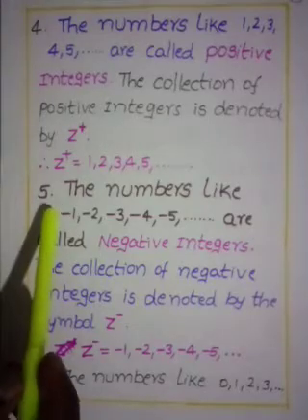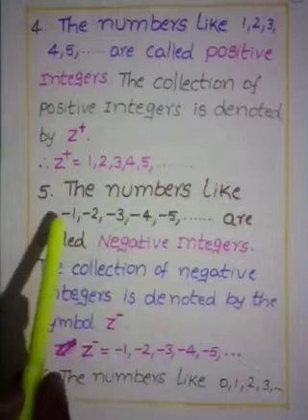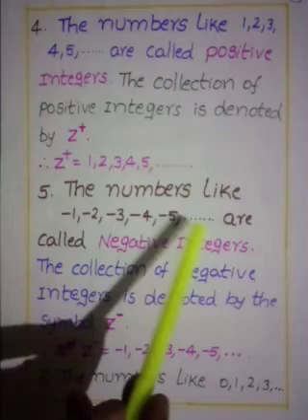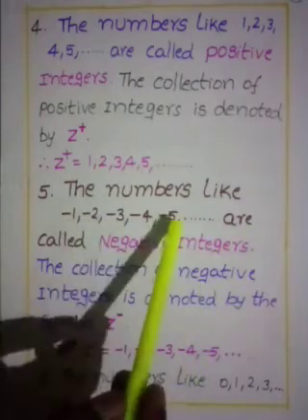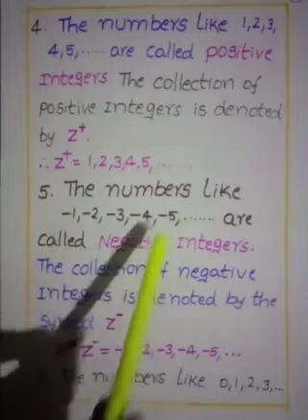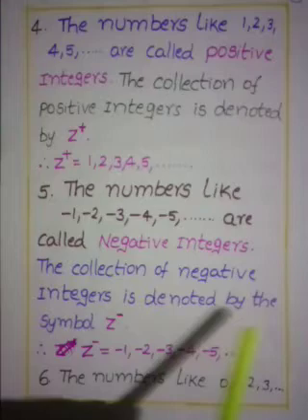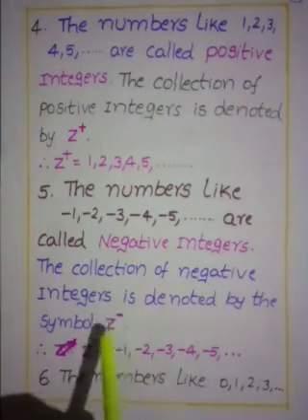Now come to the next number system. The numbers like -1, -2, -3, -4, -5, and so on are called negative integers. The collection of negative integers is denoted by the symbol Z minus, not Z to the power of minus.